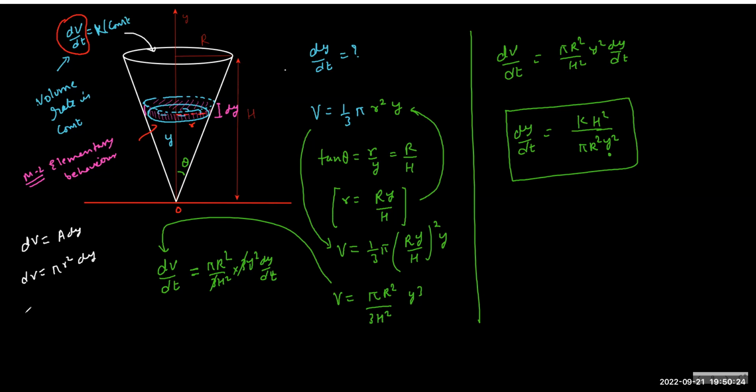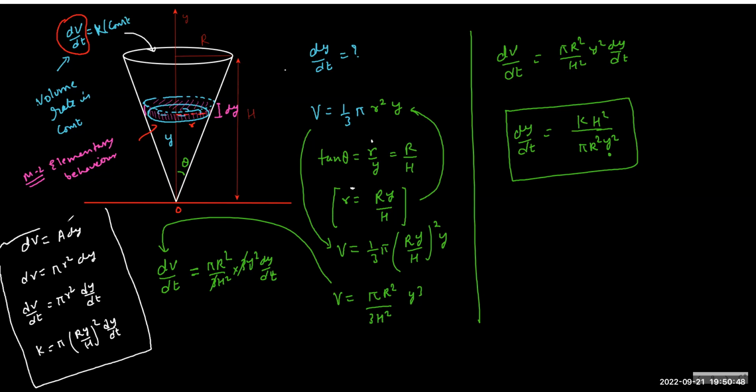So I got the answer: k equals pi r square dy by dt, and we have already done this calculation about r. So k equals pi times (r y by capital H) whole square, and we were looking for dy by dt. See, we got the same answer. Much faster. How much time did it take to solve?